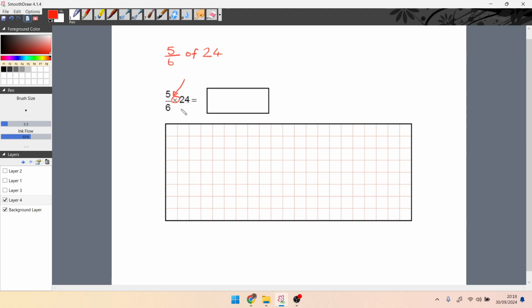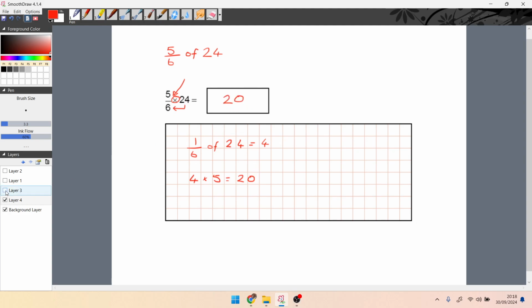So what we'll do is we'll do 24 divided into 6 equal parts, which will give us 1/6. So 1/6 of 24 equals 4. I hope you're following along, because 24 divided by 6 is 4. And we need 5 lots of that. So to find 5/6, we've got 1/6, which is 4, and we'll just multiply it by 5. And 4 times 5 is, of course, 20.